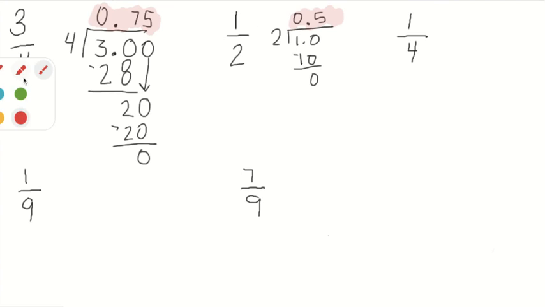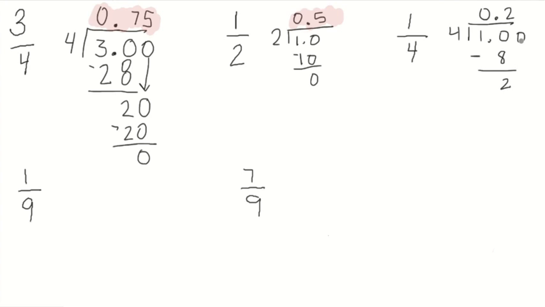1/4 is another one that we should memorize. 4 into 1.0. 4 goes into 1, cannot happen. Bring up my decimal. 4 into 10, 2 times. 4 times 2 is 8. 2 left over. Bring down the 0. 4 goes into 20 5 times. 4 times 5 is 20.